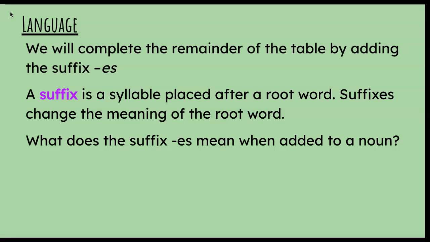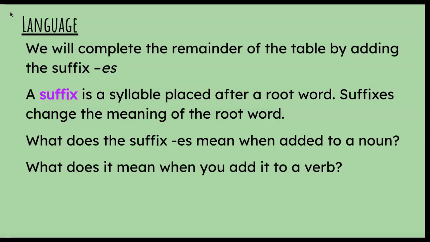What does the suffix es mean when it's added to a noun? I think I just told you. It means it's plural. What does it mean when it's added to a verb? It changes the tense of the verb. It's an ongoing action. It means it's still happening.